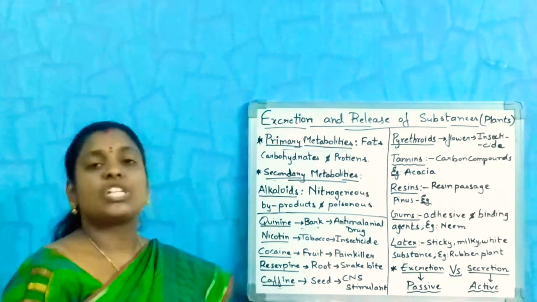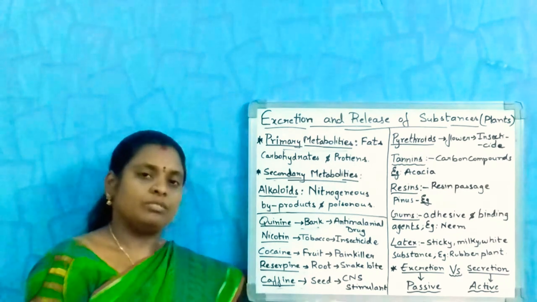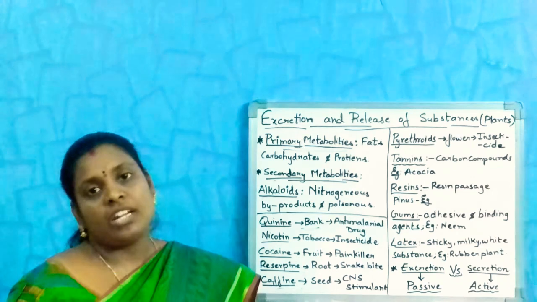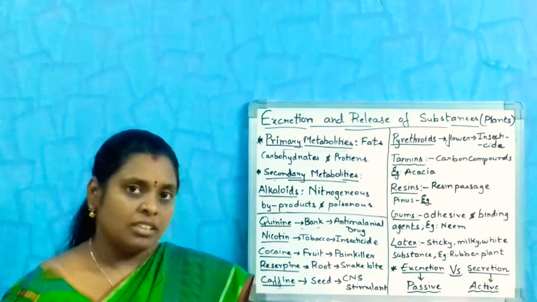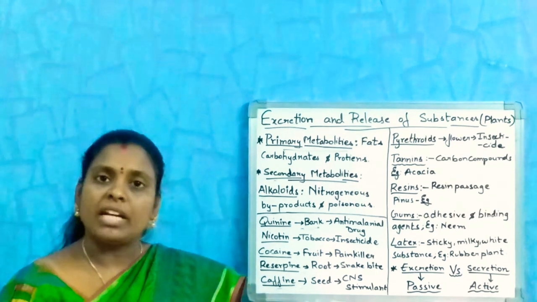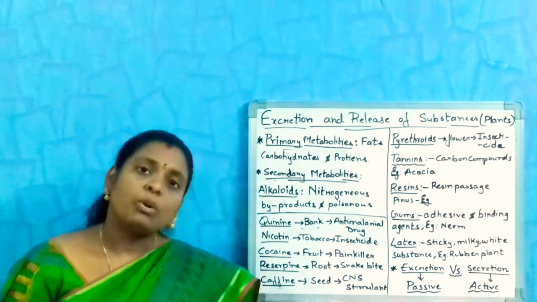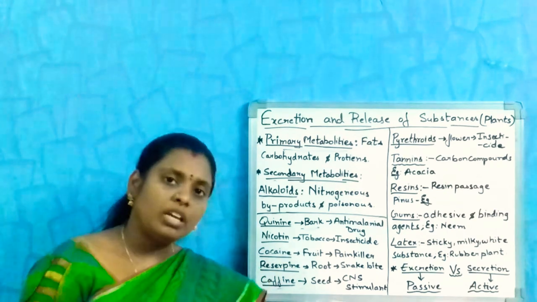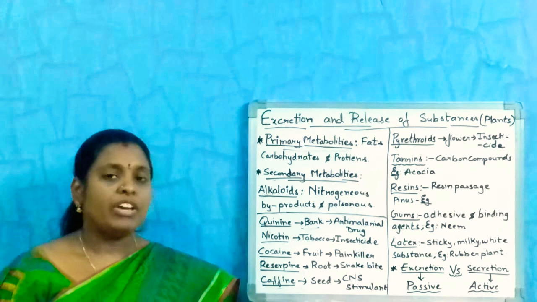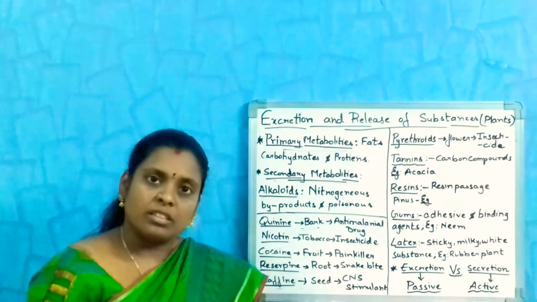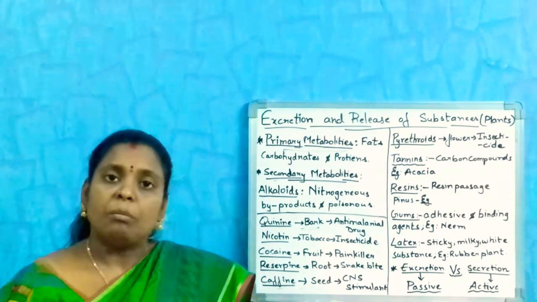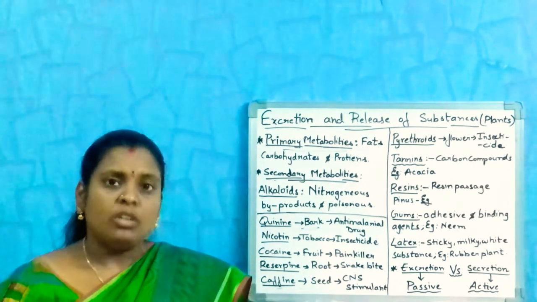Next one, excretion versus secretion. What is excretion? What is secretion? Both excretion and secretion are produced by the plant. Not only plants, in our human body also. We are excreting many products like carbon dioxide, bilirubin, biliverdin, urochrome.